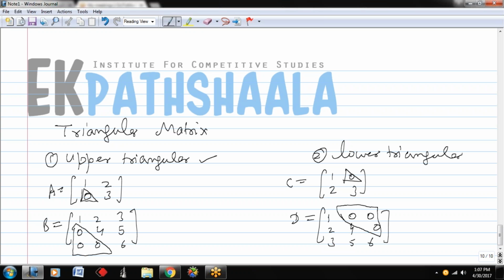Whereas in a lower triangular matrix, the elements above the principal diagonal are 0. Note down the examples.